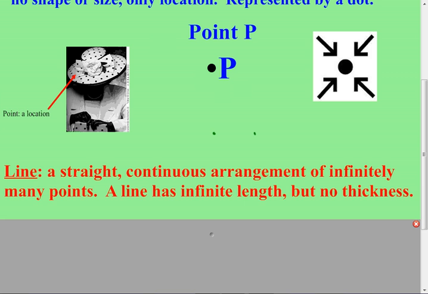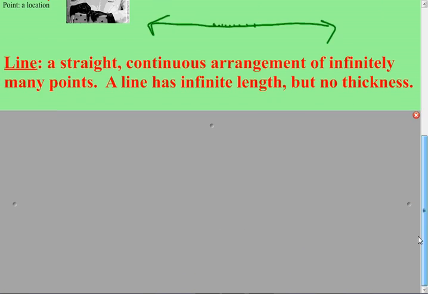But if I want a line, I've got to put a whole bunch of points. Actually, an infinite number of points, and my line's not exactly straight, but it's supposed to be. Lines go forever. They have no thickness to them.